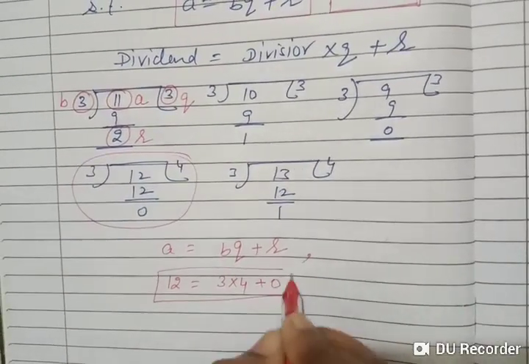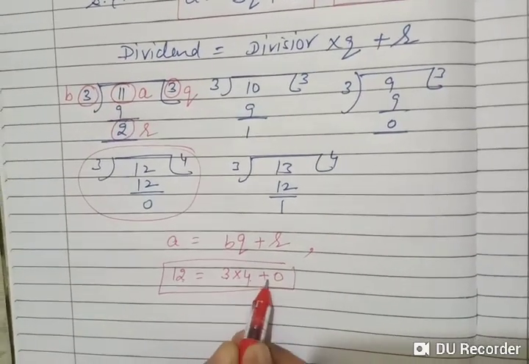This is how we write dividend is equal to divisor into quotient plus remainder.